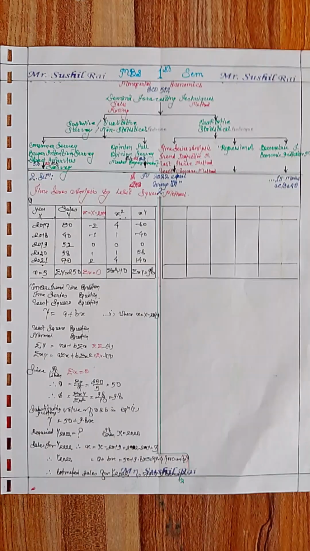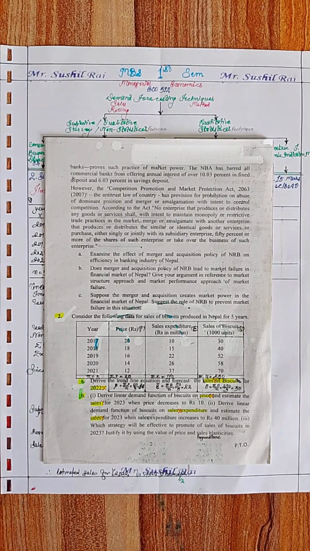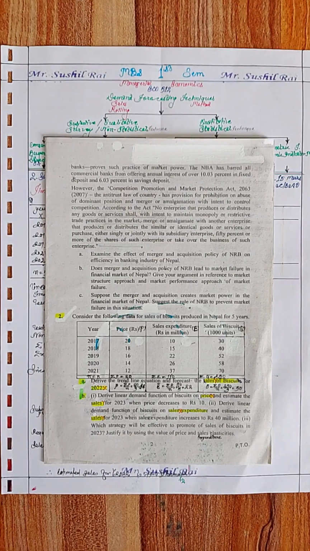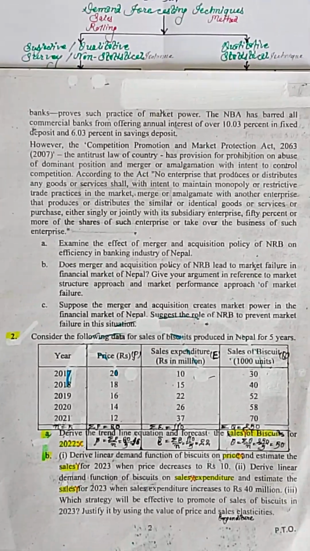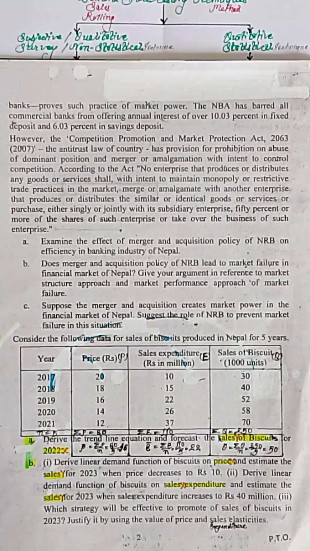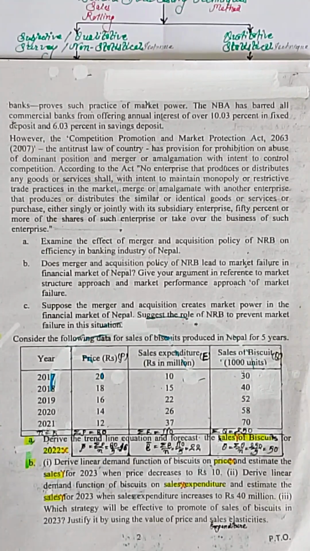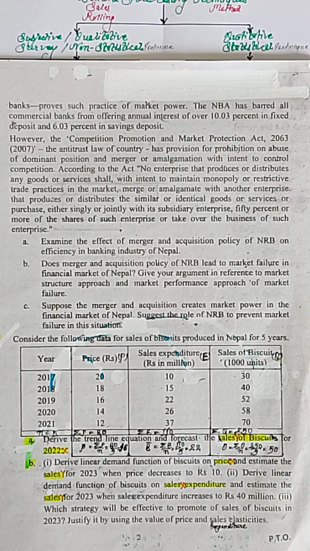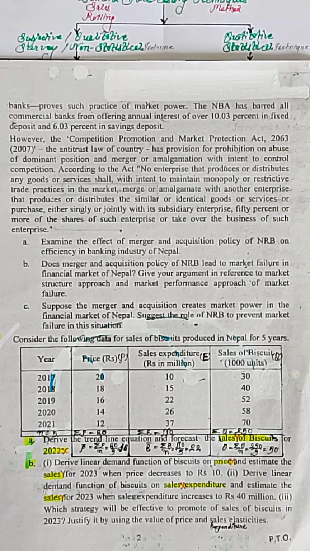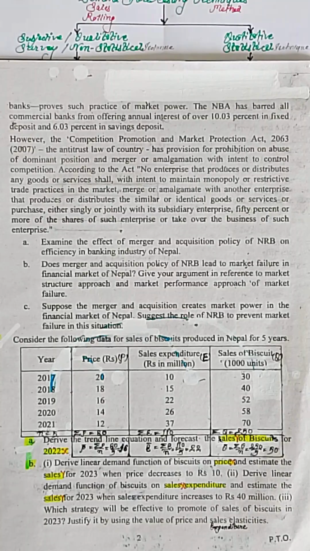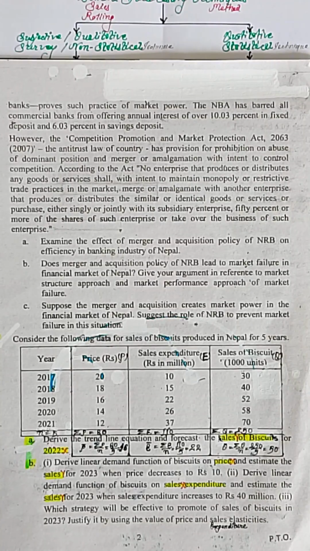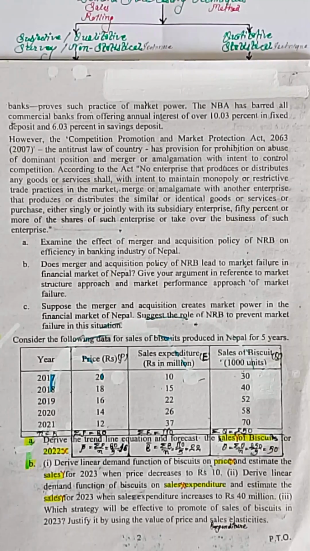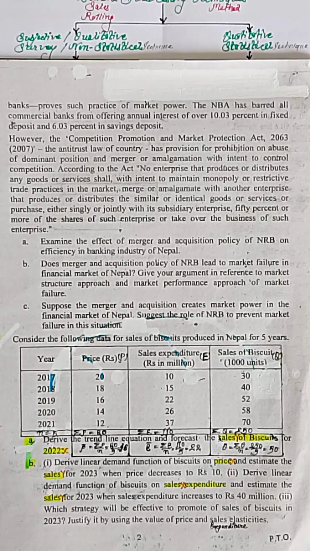B. Derive the linear demand function of the biscuit on the price and estimate the sales for 2023 when the price decreased to rupees 10.